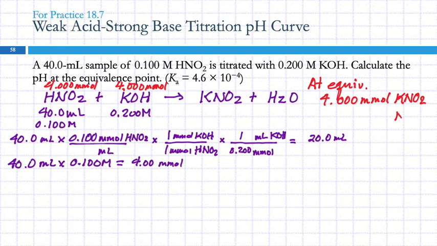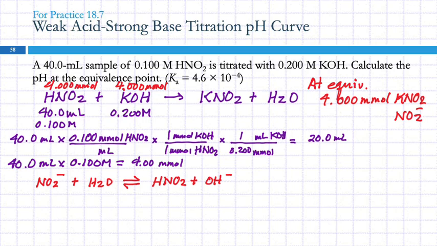So this is NO2 minus, the conjugate base of a weak acid, right? So we'll look at how that behaves as a base. So this is the equilibrium reaction for that. What's the equilibrium constant for that reaction? Kb.